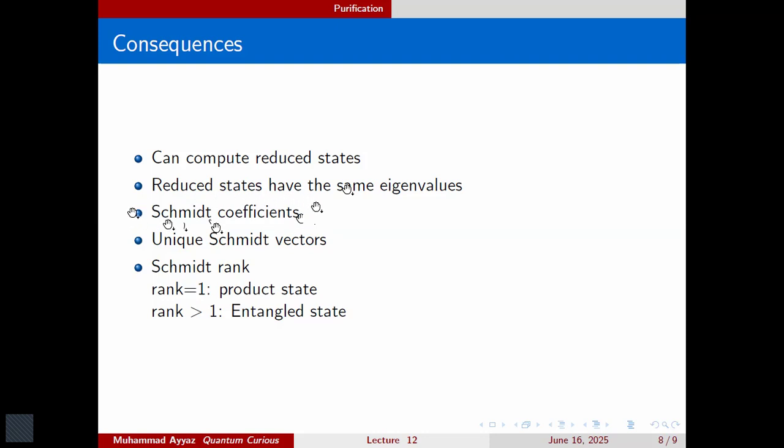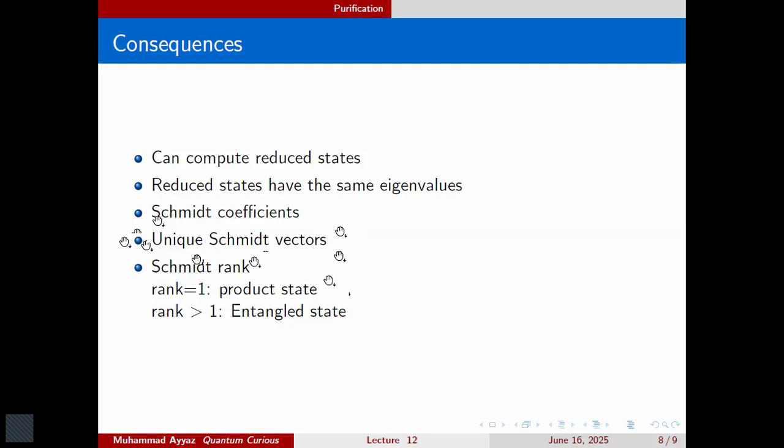Then the Schmidt vectors would not be unique, because we can build eigenvectors from the space of the eigenbasis. So in this case, the Schmidt vectors would not be unique if we have Schmidt coefficients that are degenerate and have more eigenvectors.